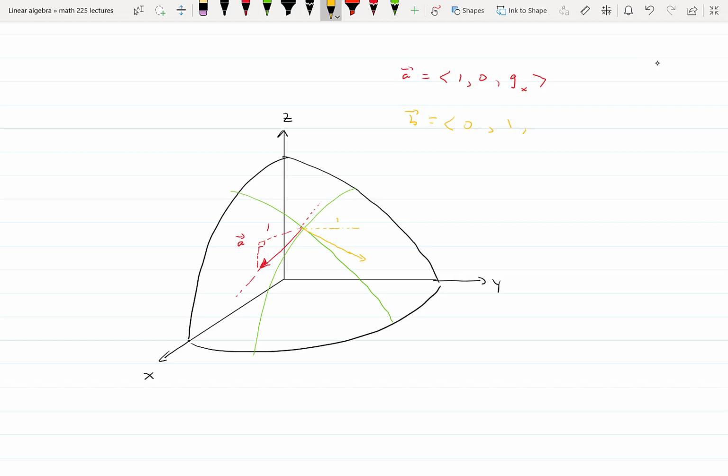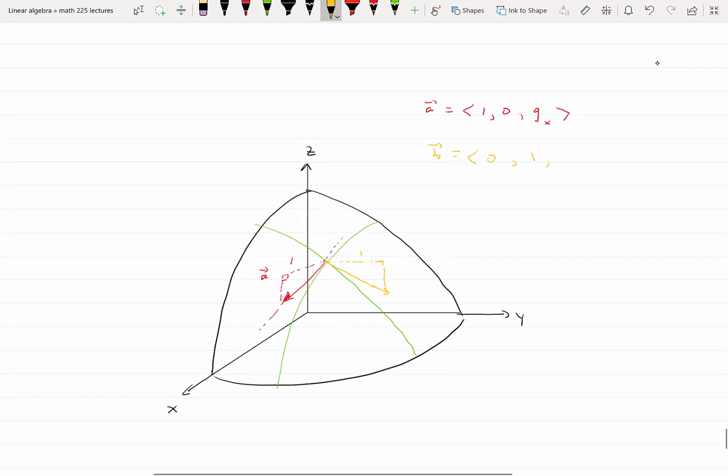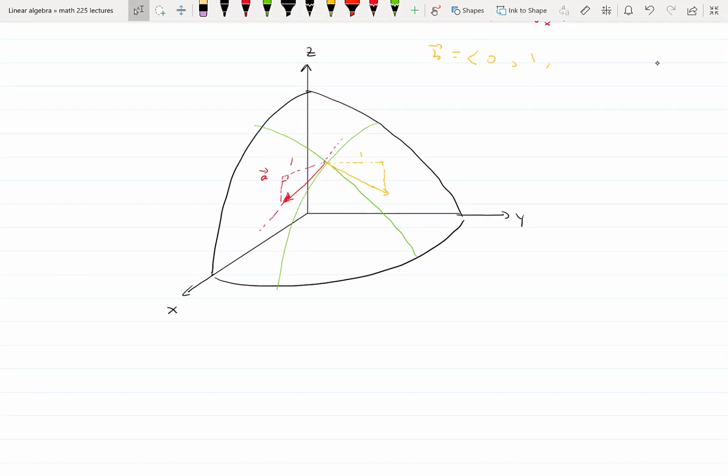It has 0 as the first component, there's no change in x. And to get back to the tangent line that I could place this yellow vector on, I would move g sub y, the derivative of g with respect to y.